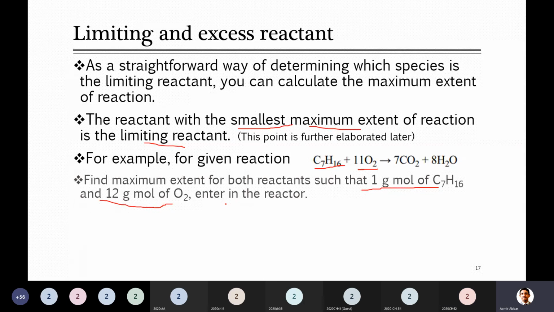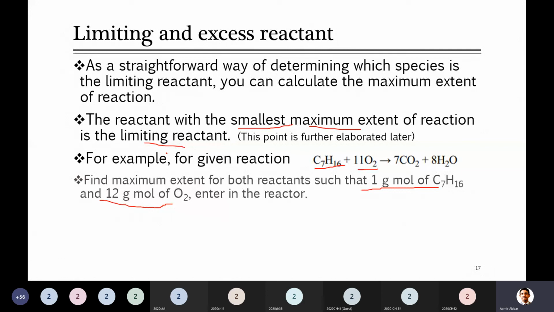But this is based on your previous knowledge. You just compared as per the stoichiometric ratio. Later, let's solve it and recalculate the maximum extent of the reactants. So what does maximum extent mean? The formula of extent of reaction is the number of moles minus the initial number of moles divided by the stoichiometric coefficient.